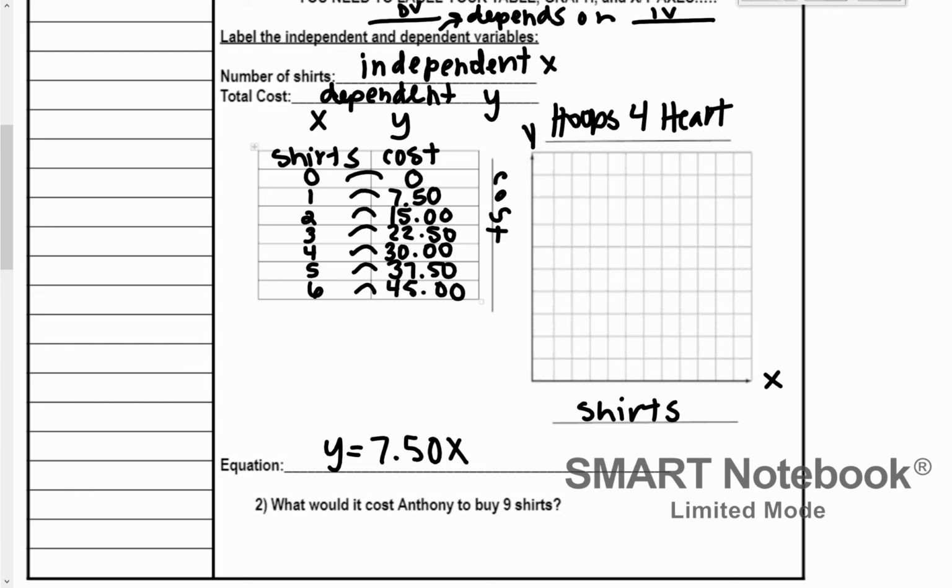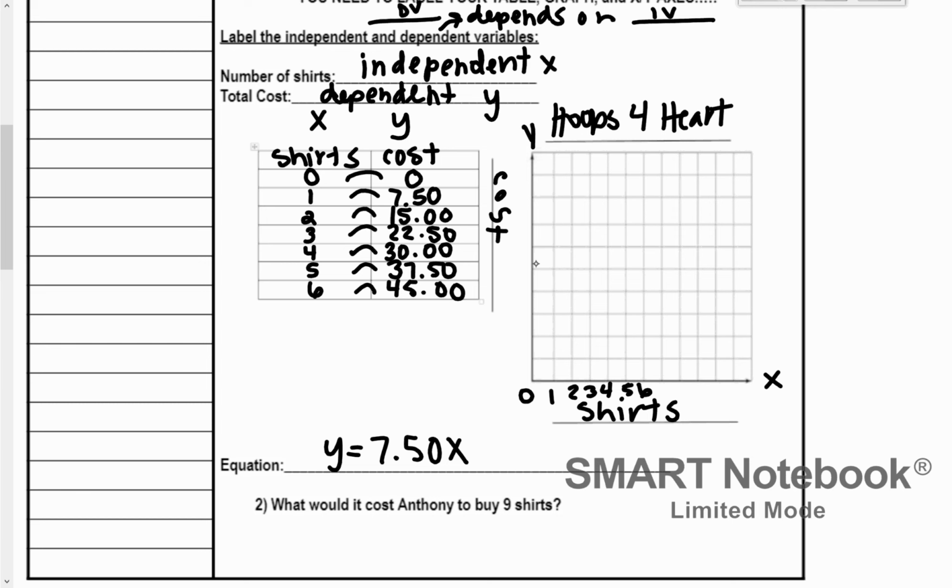Now we need to scale it out. Now it doesn't have to be scaled by the same thing. So if I count by ones on the bottom, I don't have to count by ones going up. Just on that one axis, it has to be scaled out perfectly. So on the bottom, we can just count by ones. It's 0, 1, 2, 3, 4, 5, 6. We probably could have skipped a line in between to spread it out nicer, but that's fine.